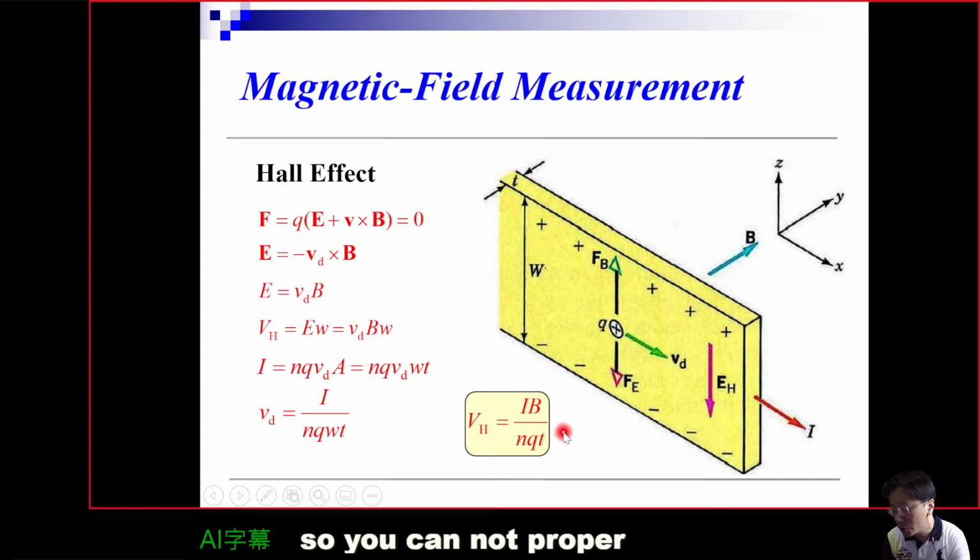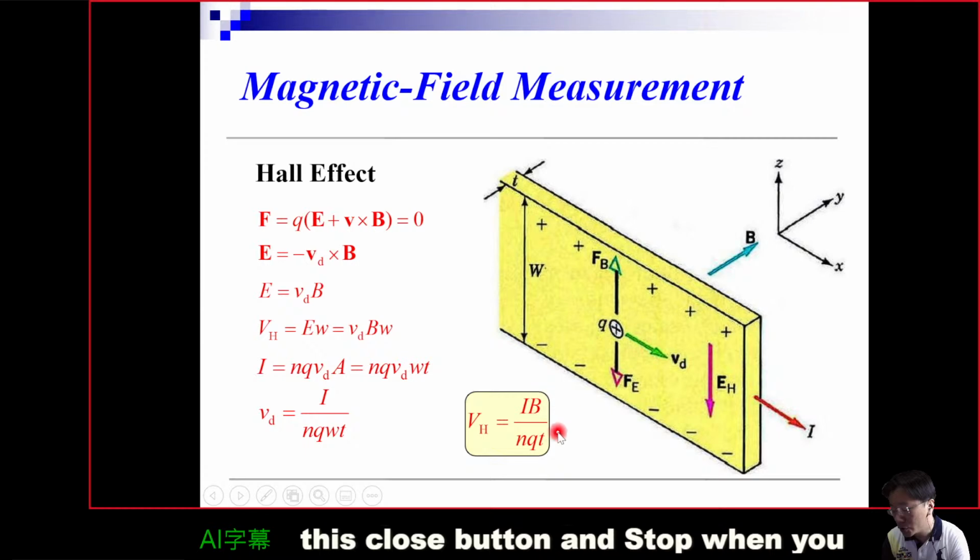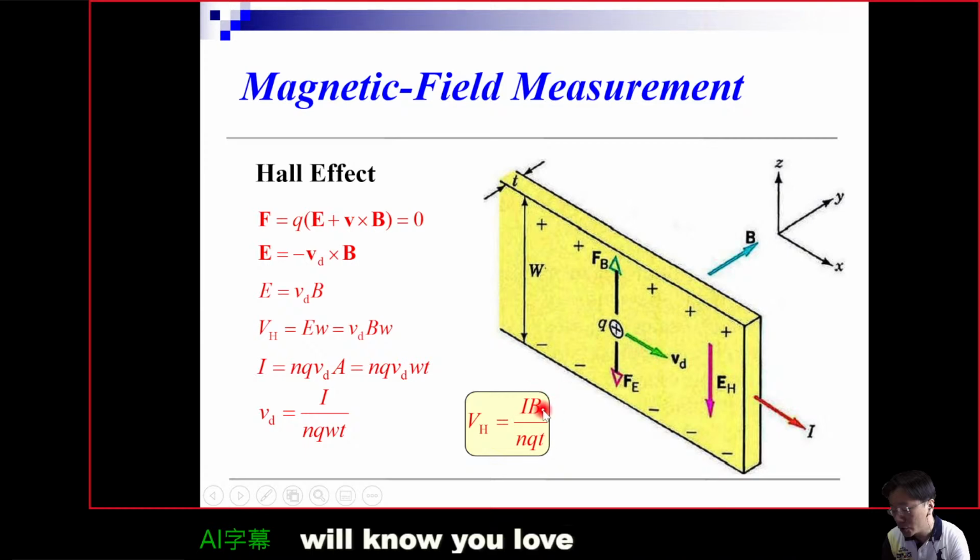But here we want to measure the magnetic field, so we can choose one material whose carrier concentration you already know, and you can inject a current that you can adjust a little bit, and you can measure the Hall voltage across the bottom and the top. Then you will know the magnitude of the magnetic field. So this is the principle of how to measure the magnetic field.